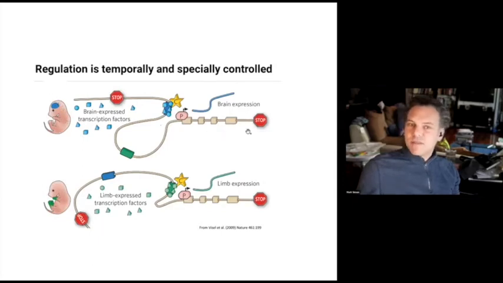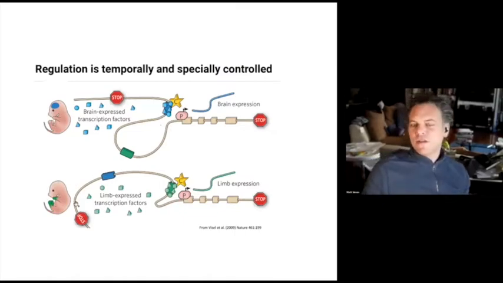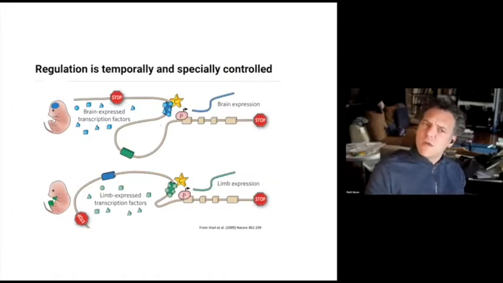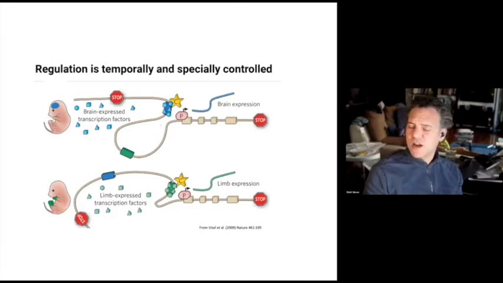And even sometimes the exact same gene will be on, but different pieces of regulatory DNA will be responsible for turning on different genes in different tissues. And so these are just some of the complexities that are worth being aware of. And of course, if we want to make good use of genomics data, we want to be able to measure and take all of these different types of things into account.